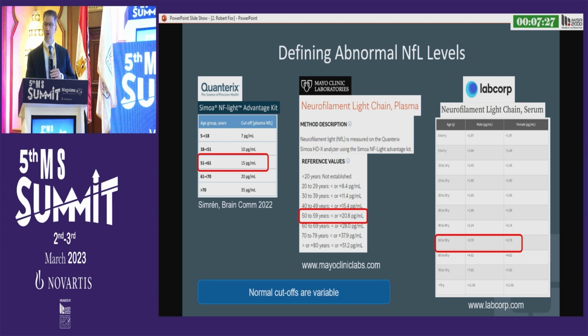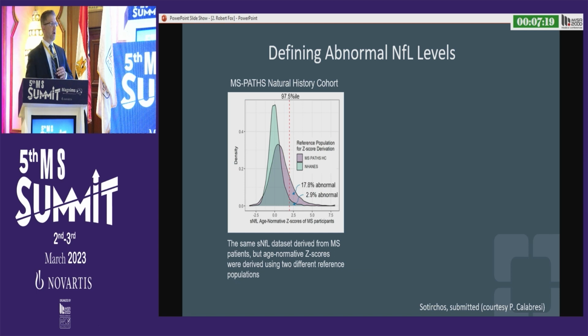So the normal cutoff values are very variable between machines, and even within the machine, depending on what lab is using the same machine. Well, this is a group out of Johns Hopkins and the MS Paths Collaborative, and they took their MS patients and said, how many of our MS patients have abnormal based on 97.7% cutoff, a standard 2 standard deviation cutoff?